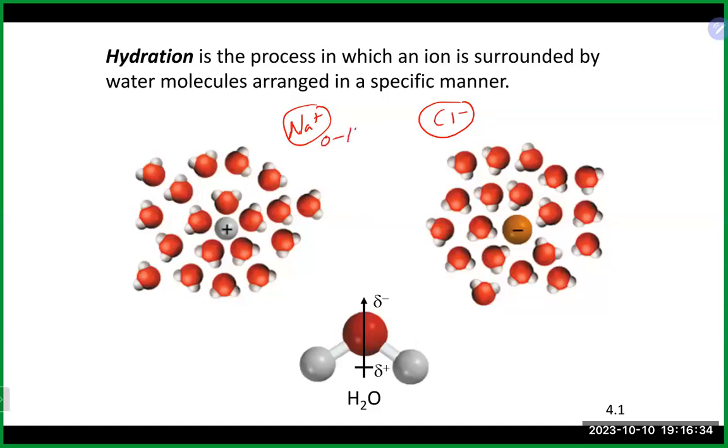And again, it is the oxygen side of water, which is more negative, which is attracted to the positive ion, while actually the positive side of water, which is the hydrogen, is attracted to the negative ion. And that is what basically allows a solid ionic compound like sodium chloride to dissolve.